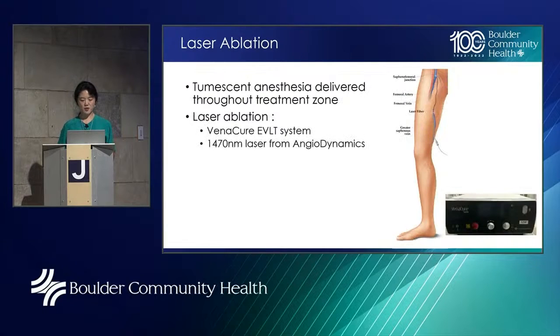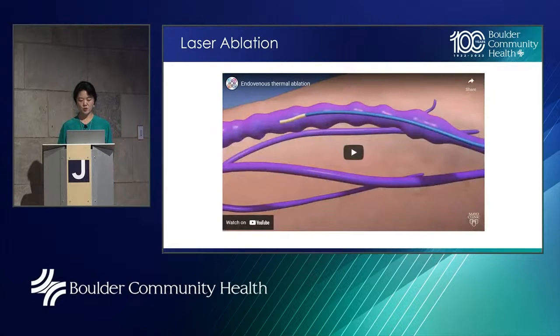Okay, so here is an example of what the laser procedure looks like. This diagram shows a varicose vein. Again, there are other non-varicose veins in the leg that are the normal veins. And in this diagram, you already see a laser catheter that's already been inserted into that abnormal vein.